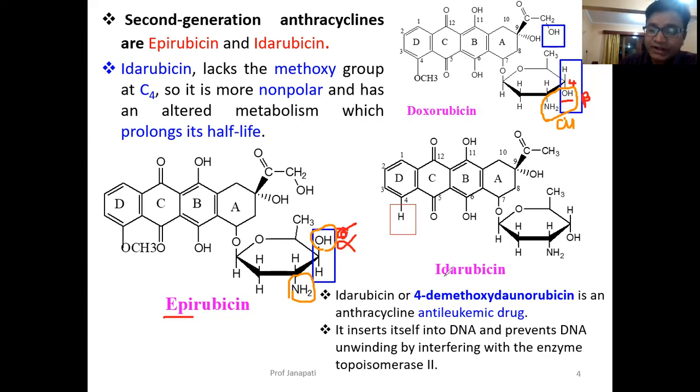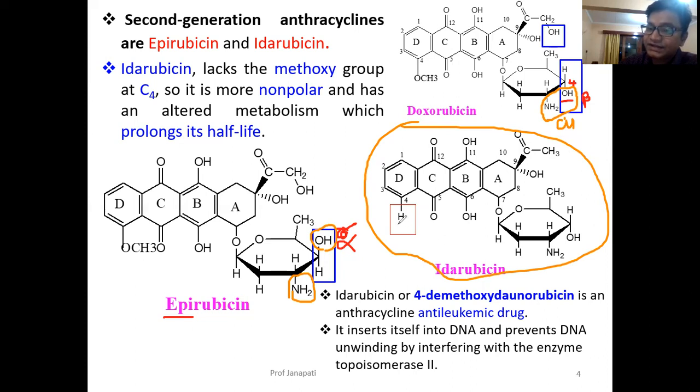Now, what is the difference between idarubicin and doxorubicin? We can tell by seeing the structure. This is idarubicin. Check the ninth position: an acetyl group is present, not a hydroxyacetyl group. That is nothing but a derivative of daunorubicin.